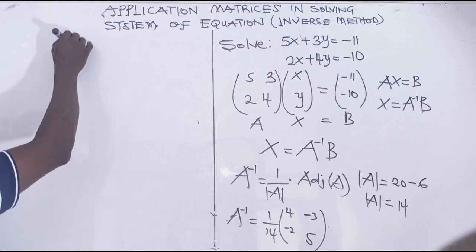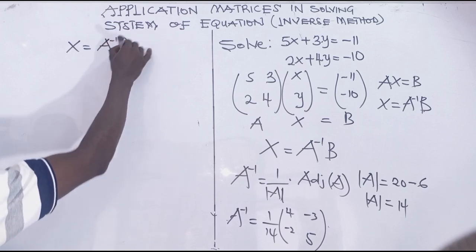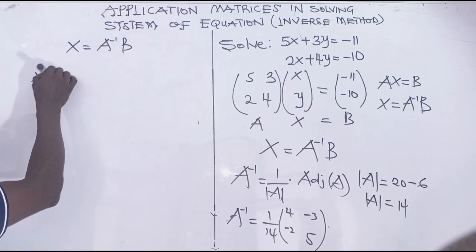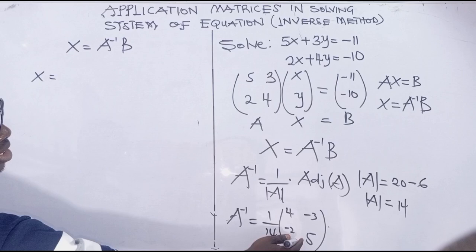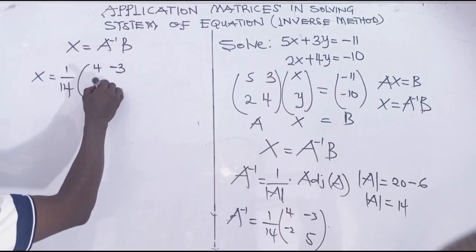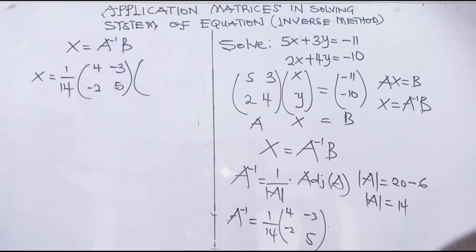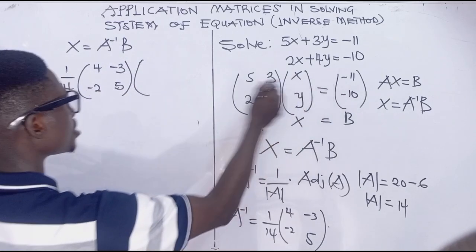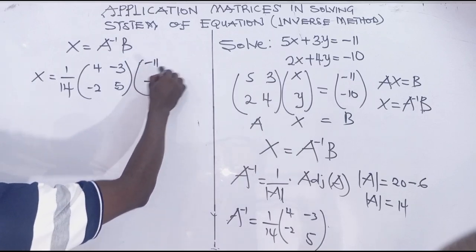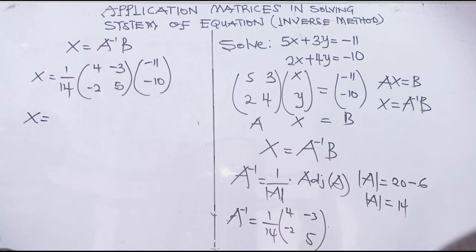So we have our x equal to the inverse of A multiplied by B. Inverse of A is this, then we have our B to be this. So we are going to expand the brackets.